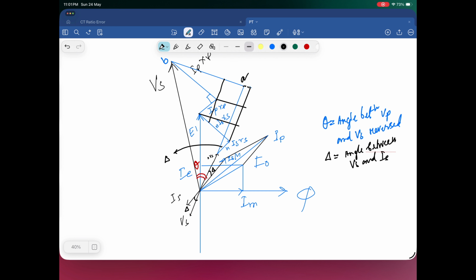Now we draw this line so that we can find the value of AB. So beta, now the angle beta, this is also very, very important. Angle between IP and VS reverse.